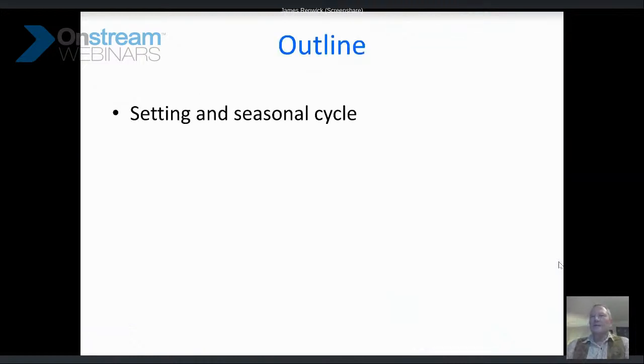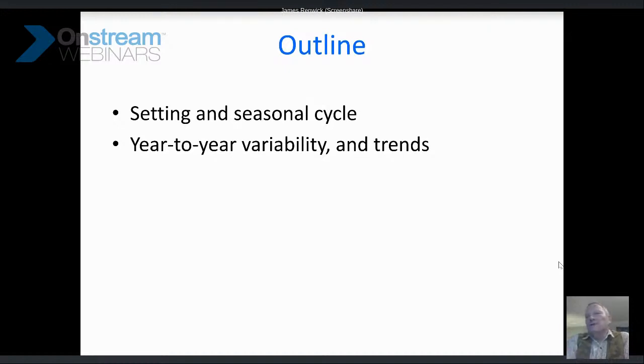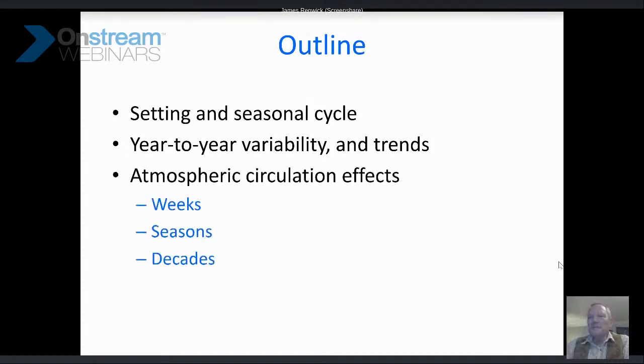So I'll start off by talking about the general setting, the seasonal cycle, and what typically goes on with Antarctic sea ice on a seasonal and annual basis. Then get on to year-to-year variability around that and what the trends in sea ice have looked like.